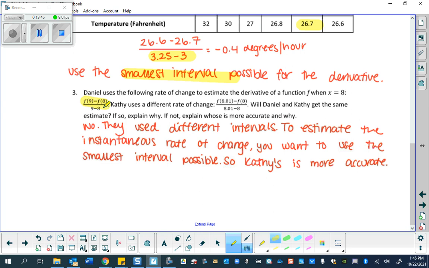And instead of y2 minus y1, our only change is the fact that we're going to say it's going to be f of x2 minus f of x1 over x2 minus x1.